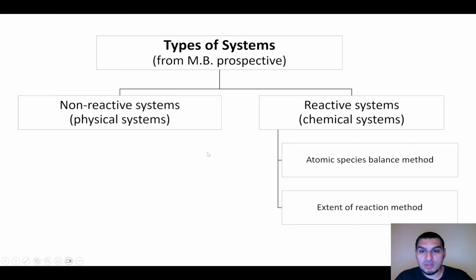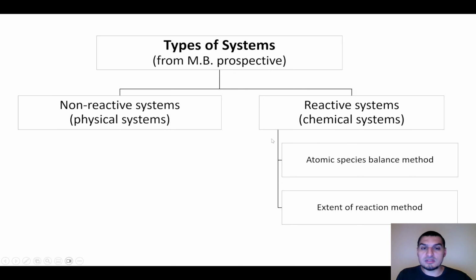So this is for the non-reactive systems. For the reactive systems, it's a different category of units, and we put it in a separate category because the calculations are different. This is because we have a reaction, so the number of moles of each species will change, and the way we do the mass balance calculations would be different, and that's why we deal with it in a different way.